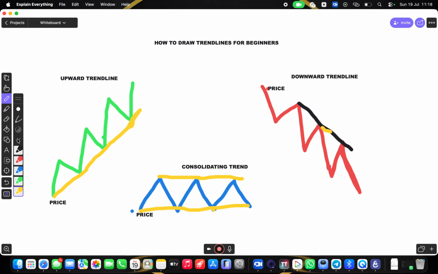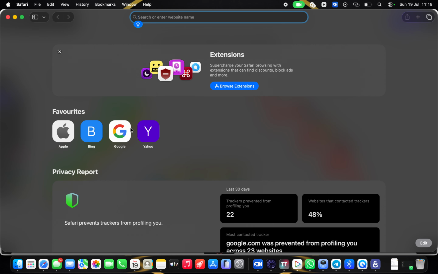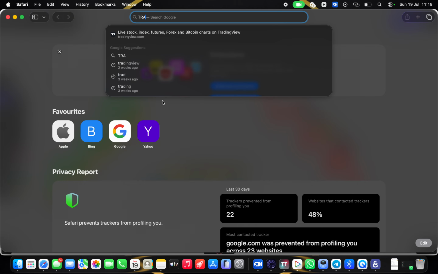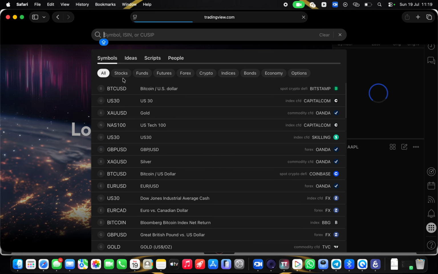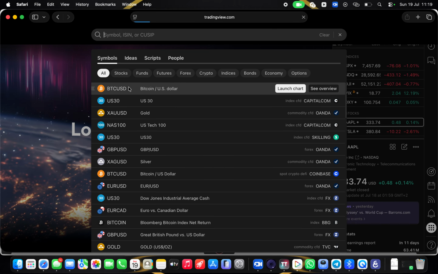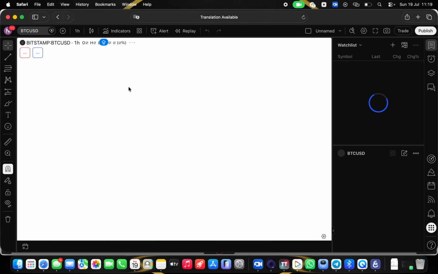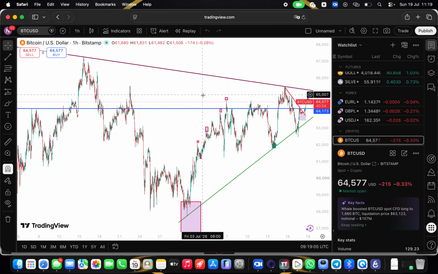So with that being said, let's say you want to be practical and you want to see how you can draw your trend lines on an actual chart. Okay, let's go to our TradingView. Let's look for something like BTC USD. Okay, there we go.